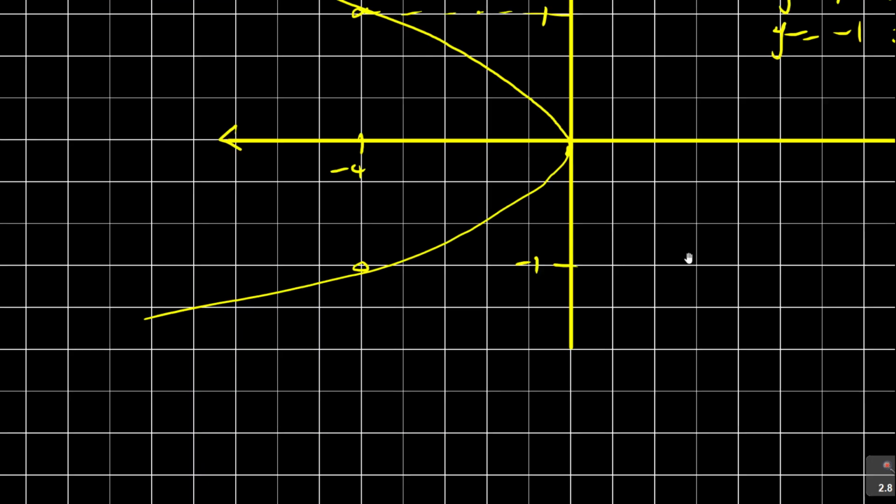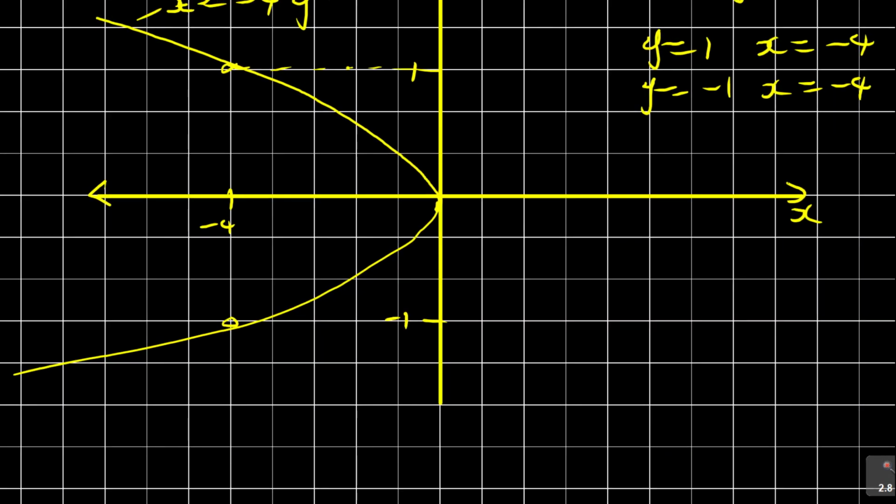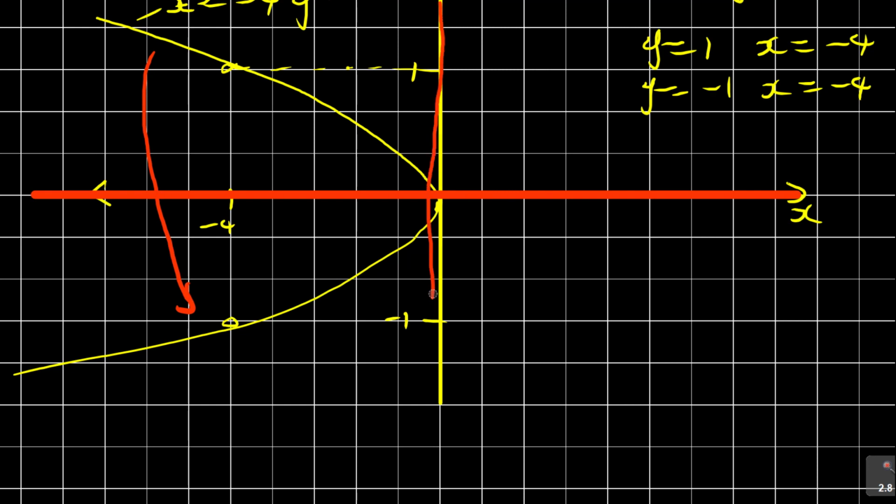You can see that if I have a line like this, I can reflect this graph and it can actually become that graph. So it is symmetrical about the x-axis. But if I reflect it along the y-axis, along this line, I'll get a different graph.